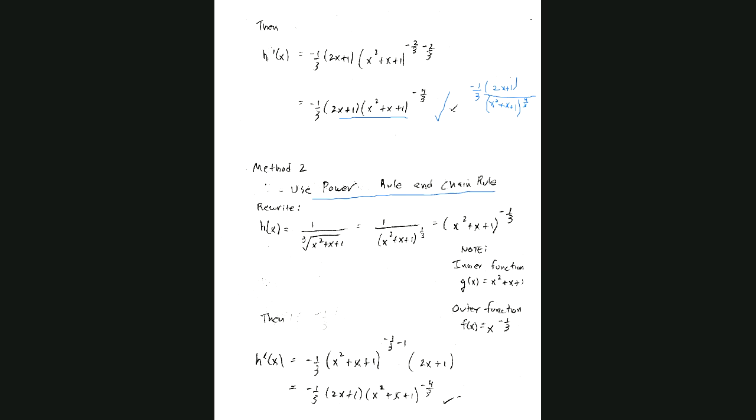We can rewrite h of x as x squared plus x plus 1 to the negative 1/3 power. See that? We could write h of x as x squared plus x plus 1 to the negative 1/3 power.